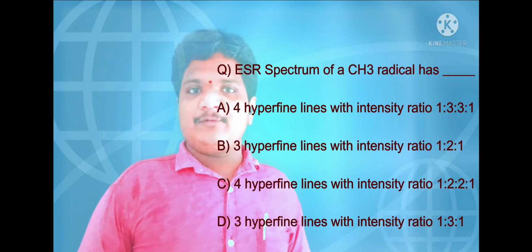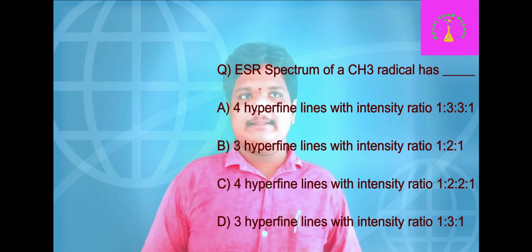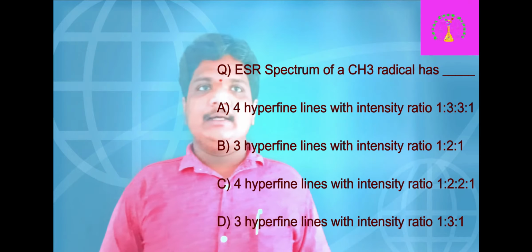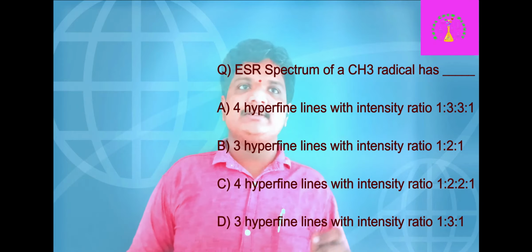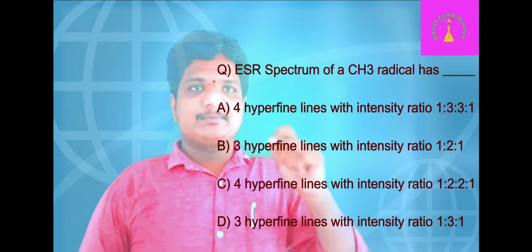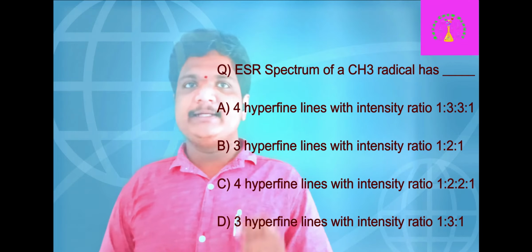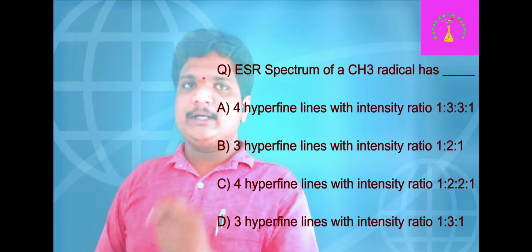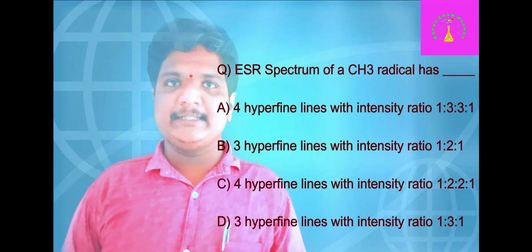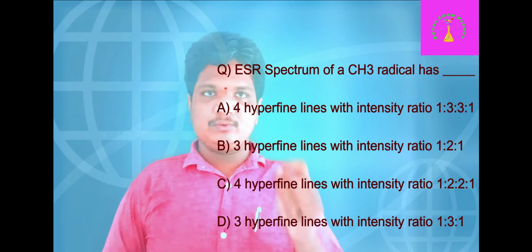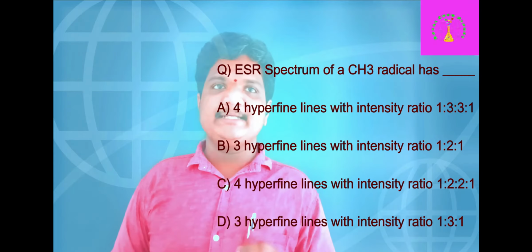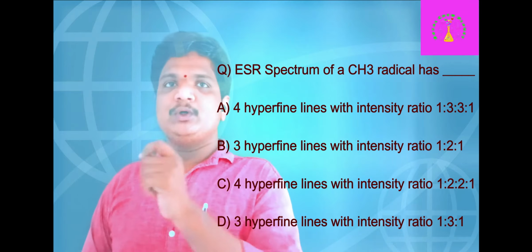The ESR spectrum of methyl radical has dash. Option A is 4 hyperfine lines with intensity ratio 1:3:3:1, option B is 3 hyperfine lines with intensity ratio 1:2:1, option C is 4 hyperfine lines with intensity ratio 1:2:2:1, and option D is 3 hyperfine lines with intensity ratio 1:3:1.